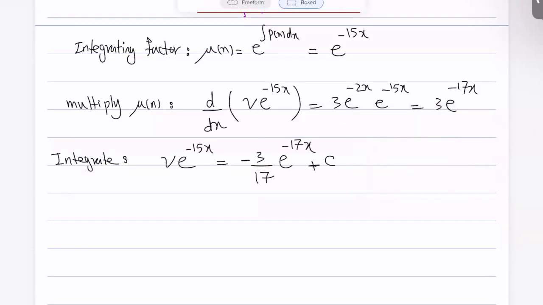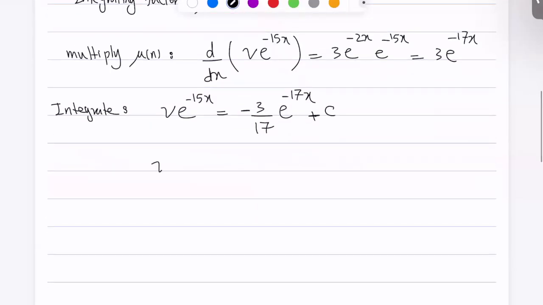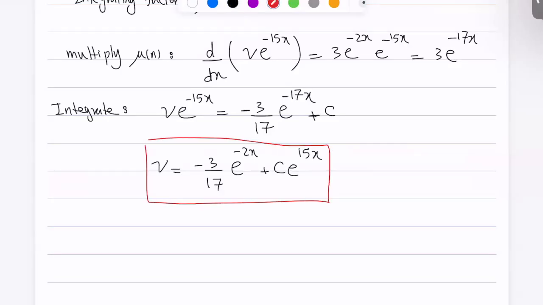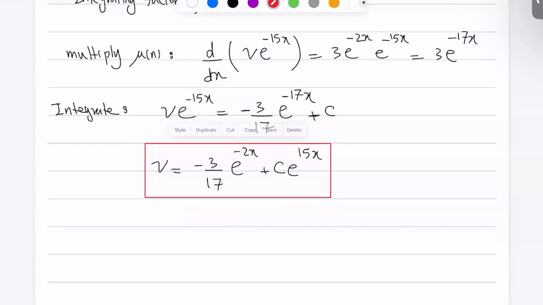Okay, so now v is, again, multiply by the e to the 15x, and you get negative 3 over 17 e to the negative 2x plus c e to the 15x. And this is our v in terms of x.